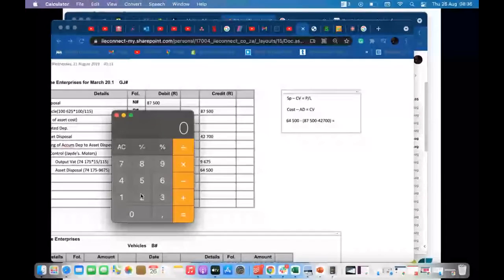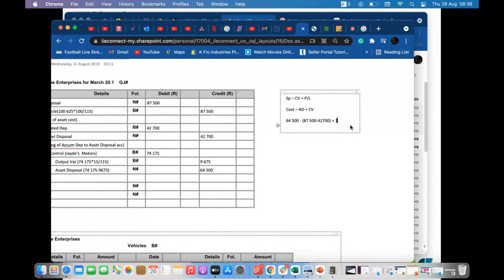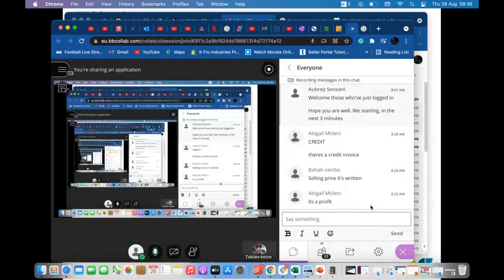Okay, cool, no problem. So we're saying 64,500 minus 44,800. I hope I'm right. Yeah, I think that's right. See? So yes, that's the profit that we made. Okay, so 19,700. So since we made a profit, let's see, is there any comments, any thoughts?